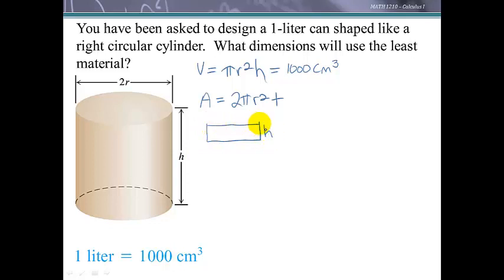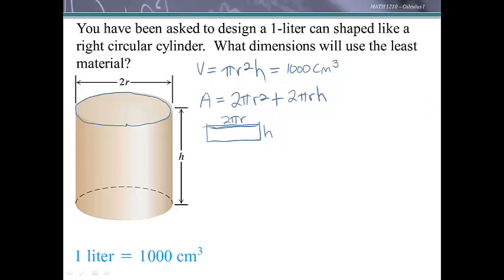And how long would it be? It would be this distance around here, because that's what we spread out to get this length. So that's the circumference of the circle, which is 2 pi r. So the area to go around the sides is 2 pi r h.